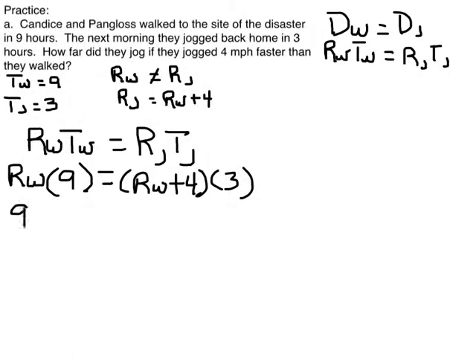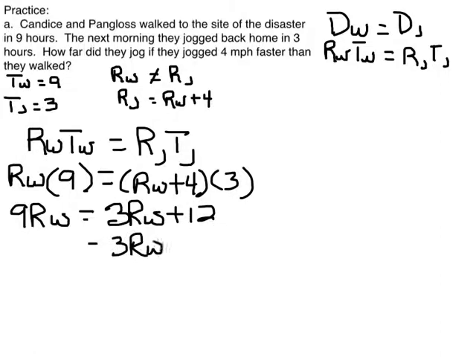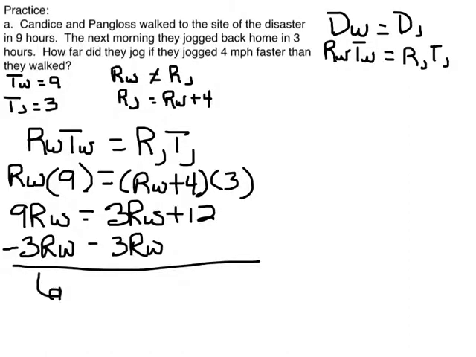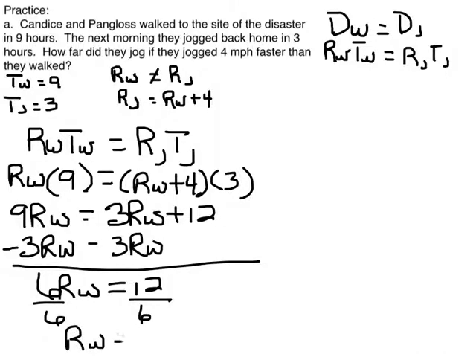Alright, so we're going to have 9 RW equals 3 RW plus 12. If I subtract 3 RW from both sides, I'm going to have 6 RW is equal to 12. Divide by 6 on both sides, and RW, the rate of walking, is 2.